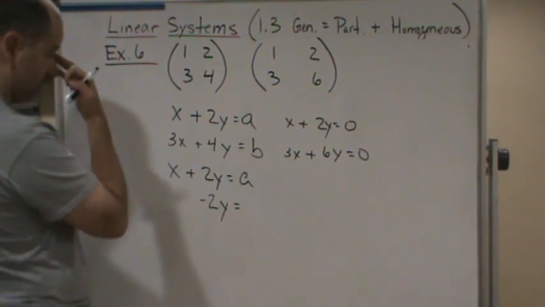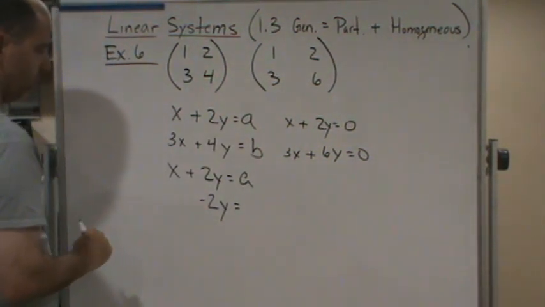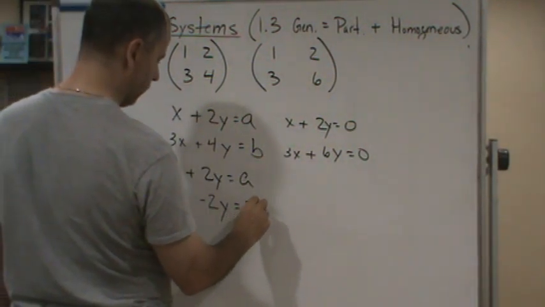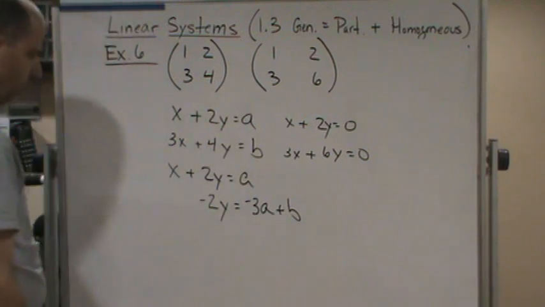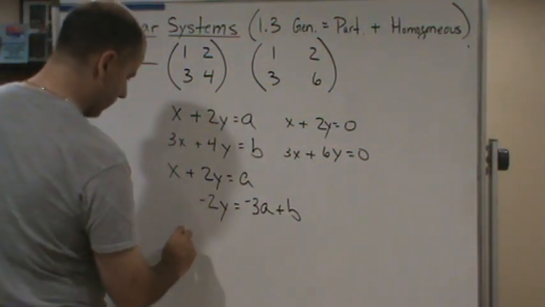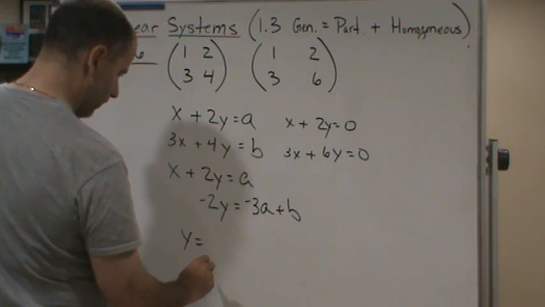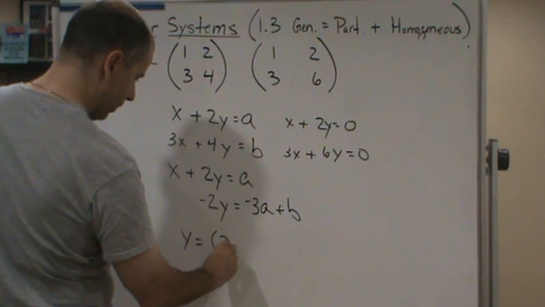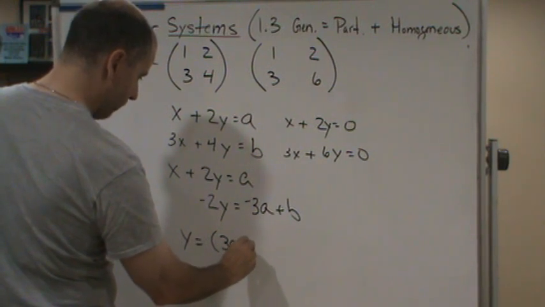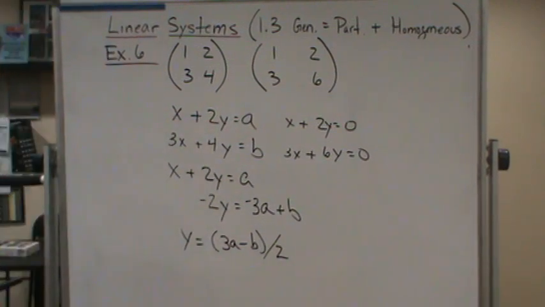And then of course -3a plus b. And of course this is going to give us y equals the quantity 3a minus b divided by 2 for y.